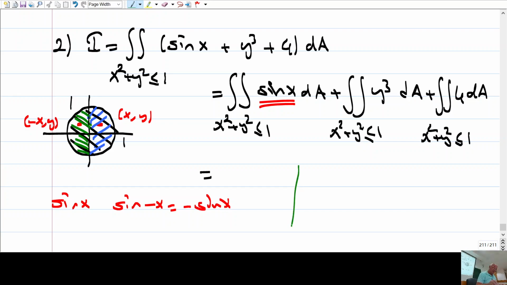It's like a single variable function: you have a positive area and then a negative area, but they have the same size. So the total of the integral is 0, right? The same thing applies here, and this integral is just 0.